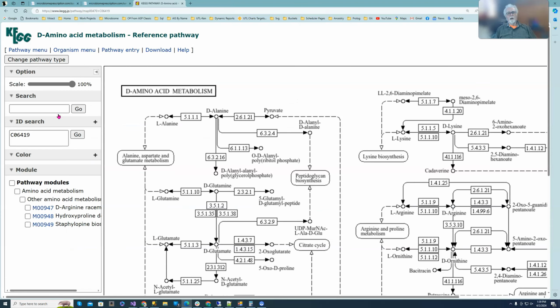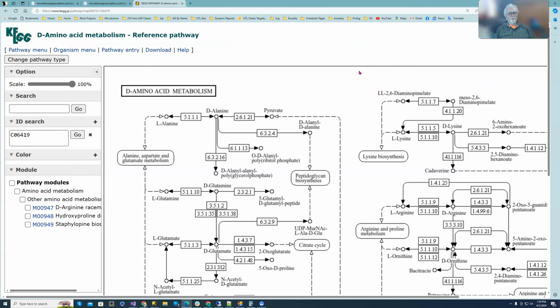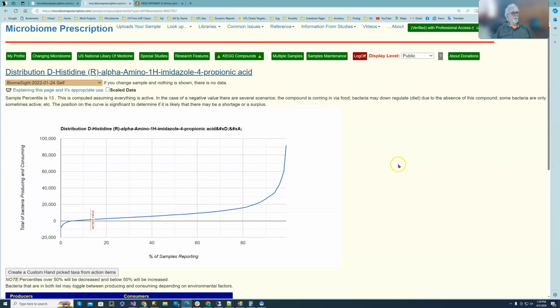And there you have the joyous world of everything in terms of how histidine is doing. Again, very technical, the interpretation is something you're going to need to sweat through yourself.